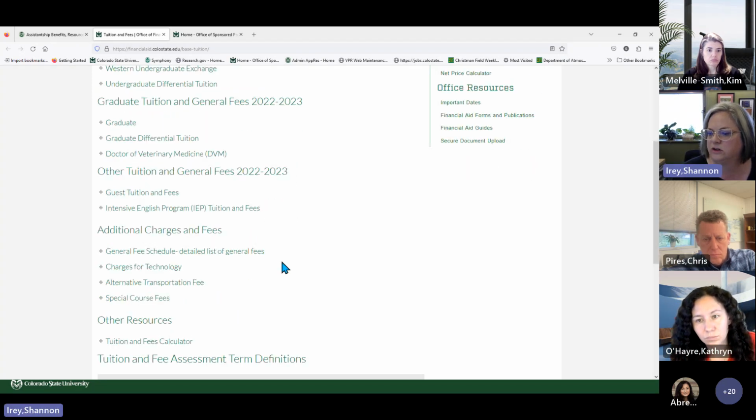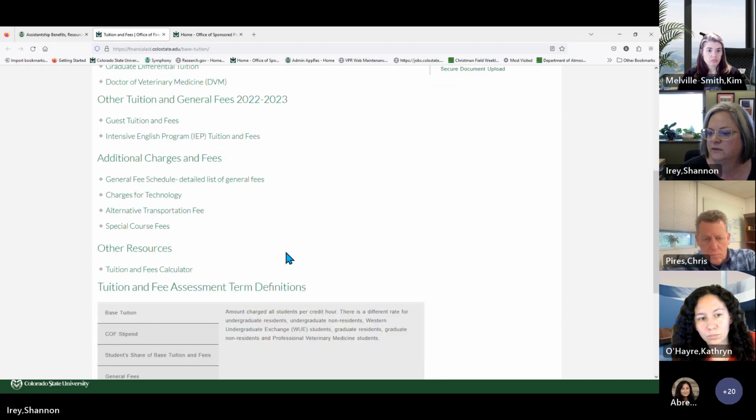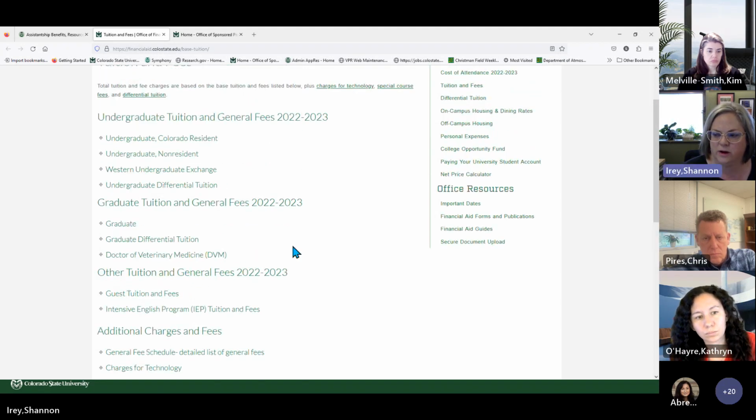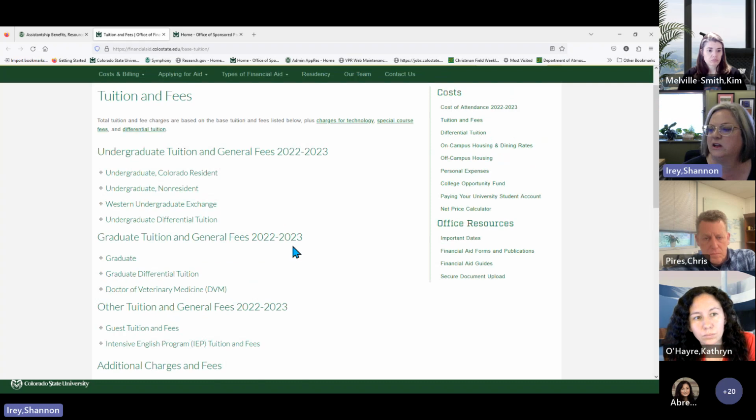It also has all the different fees on there. So again, financial aid is a great place. Financial aid also talks about student employment, so student hourlies.